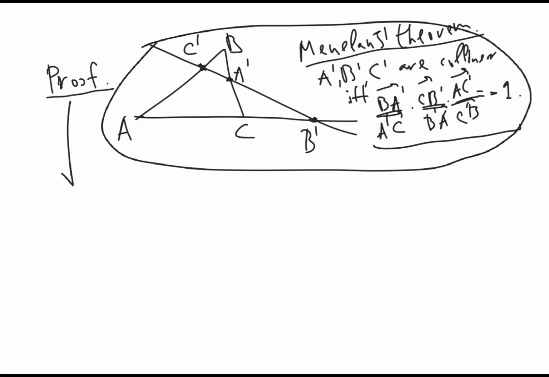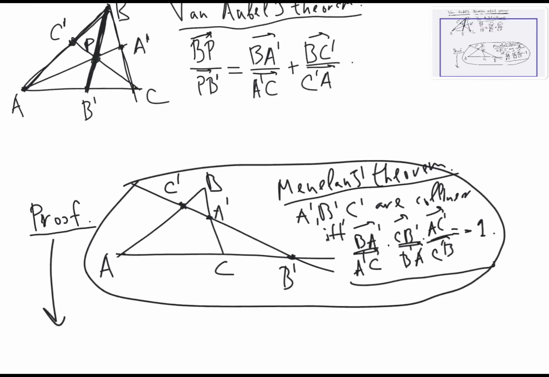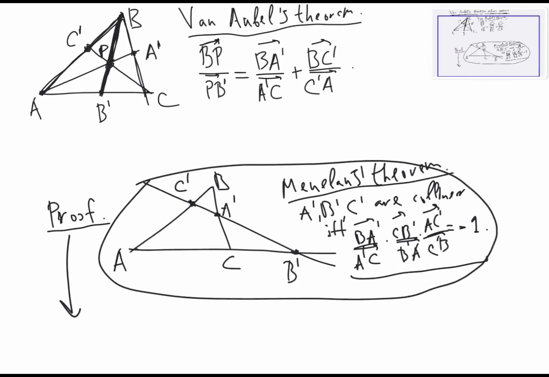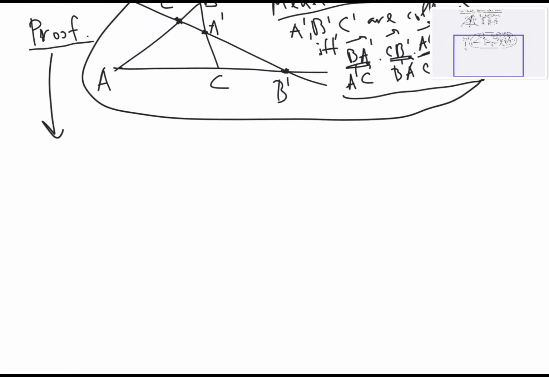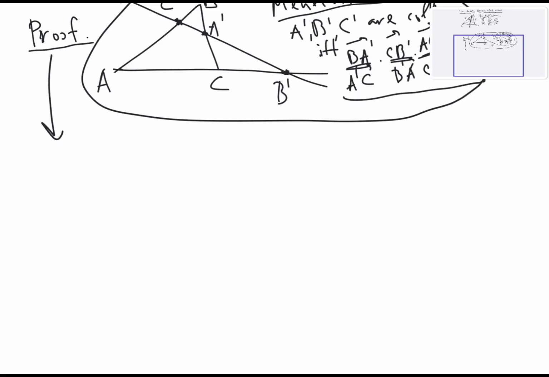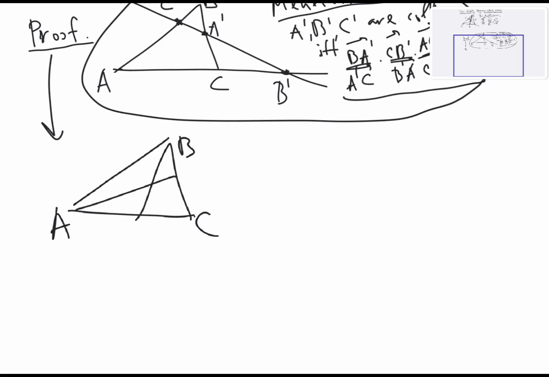And so now the proof of Van Aubel's theorem. Okay, let's draw the triangle again. So we have ABC, A prime, B prime, C prime.